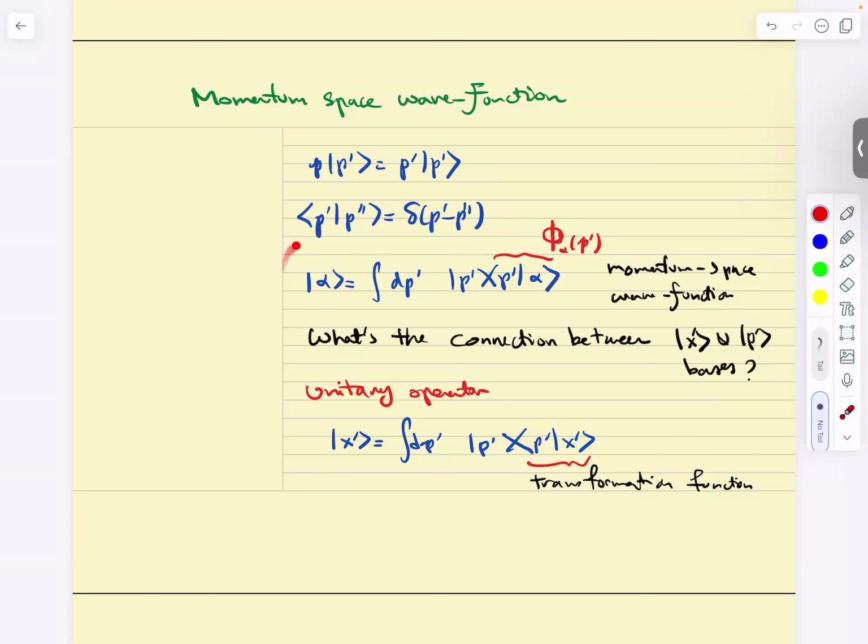Now, if you take a ket alpha and insert the resolution of identity, this time in the momentum eigenbasis, I'm just repeating the previous analysis, replacing x prime with p prime. I get the integral of dp prime, the momentum space wave function. So now the question comes up. If I have a ket alpha, let me write it on the board.